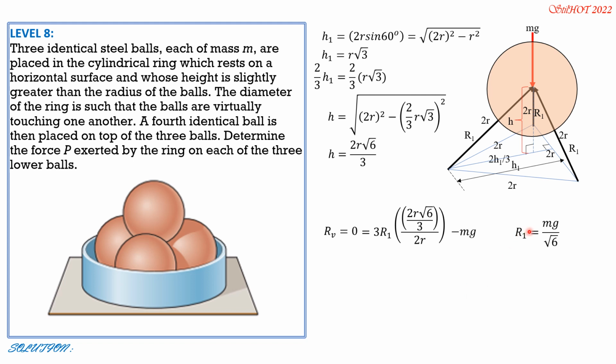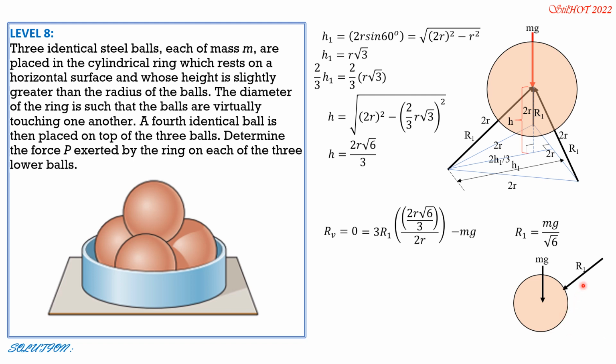So having found R1 equal to mg over square root of 6, we now transmit R1 to one of the lower spheres so that we can analyze for this reaction, contact force P with the ring. So this is one of the 3 lower spheres.